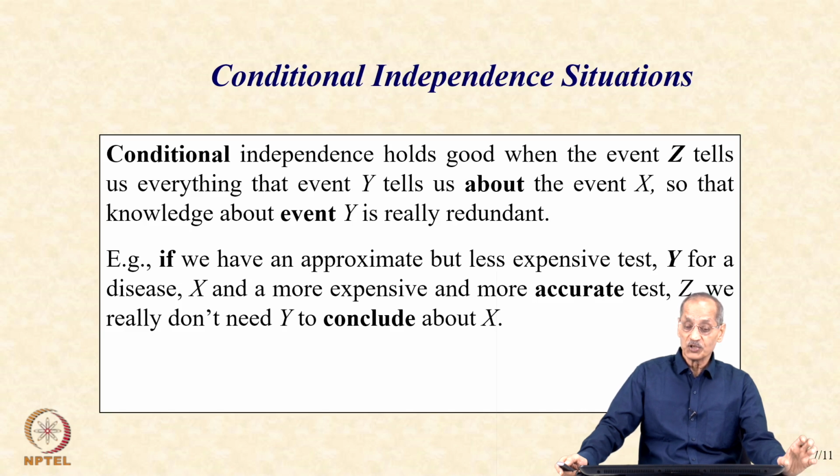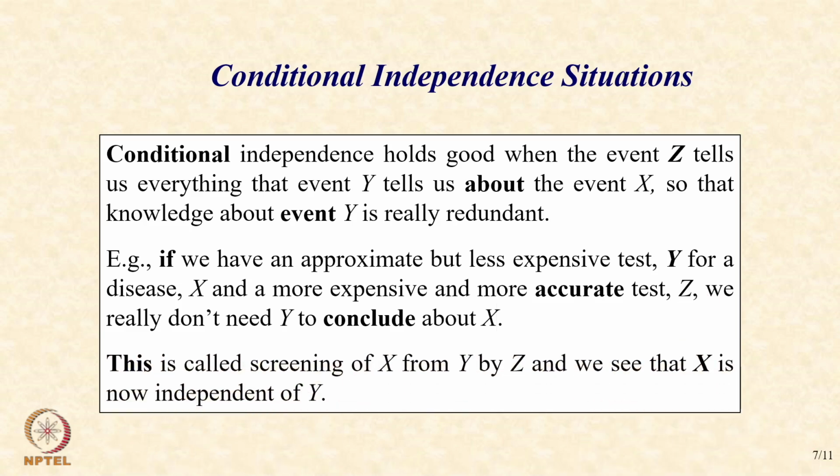So, now you realize that the confirmation of it being disease X is dependent on the more accurate test Z, and now we can simply throw out Y and say we do not really need Y to conclude about X, we already can conclude about X based on Z. So, this is the implication of this conditional independence scenario. This is also sometimes called the screening of X from Y by Z.